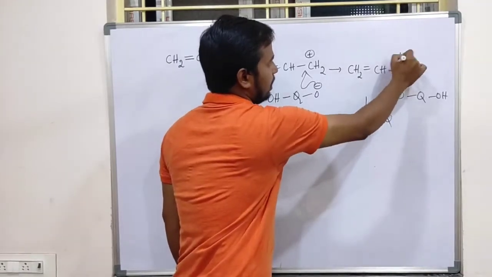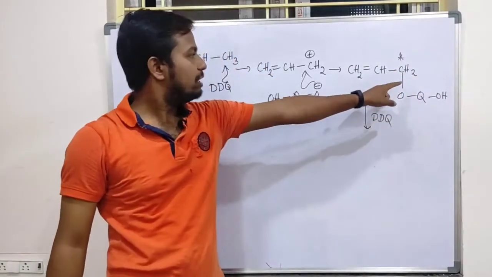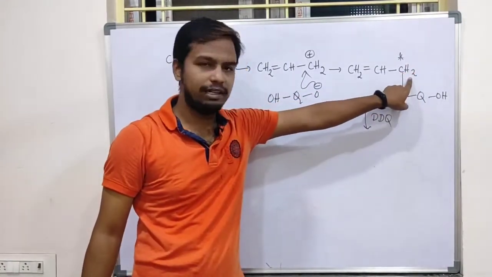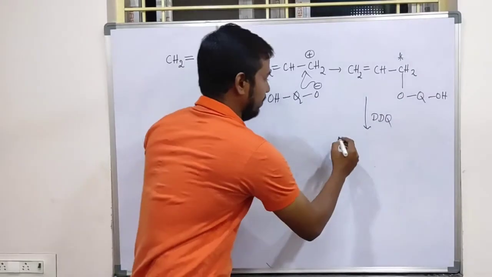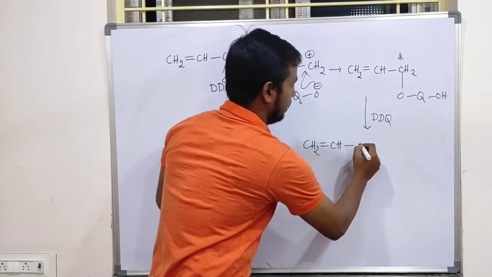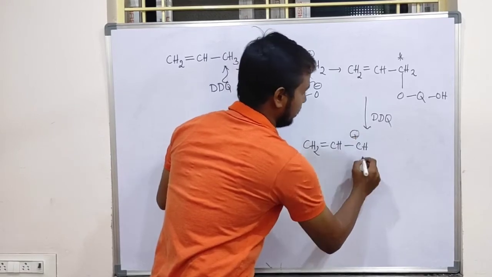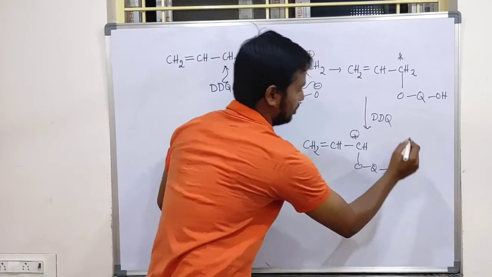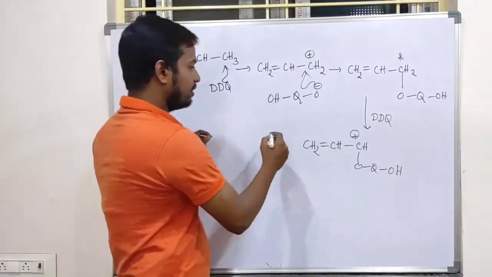So still hydrogens are there. So it will abstract the hydride ion from here, this species, that is allyl carbon, and again a carbocation is generated. And this is as it is, OQOH. So again another species is formed, right?